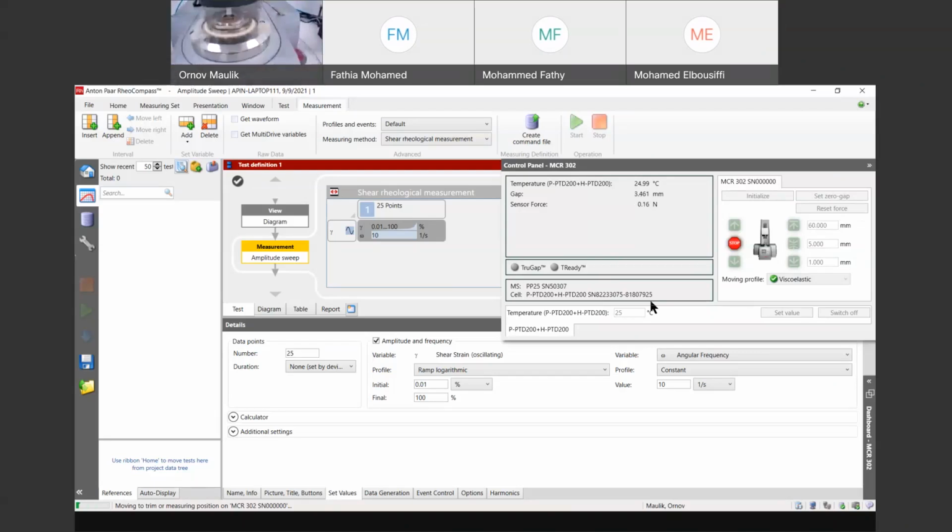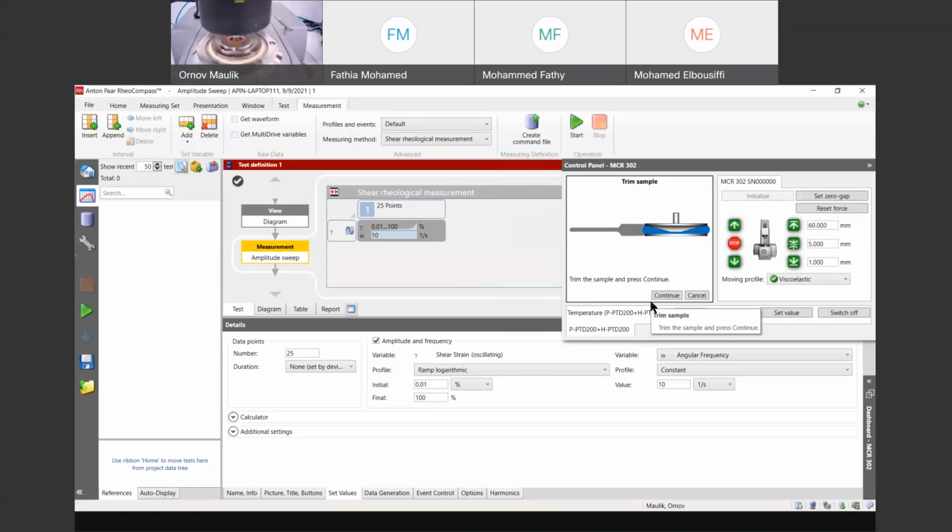So this is how it moves, you can see. After getting up to a certain position, it slows down in order to preserve the internal structure of that material. Now you can see that extra sample is coming out, and we will trim that extra sample and start off with our experiment.